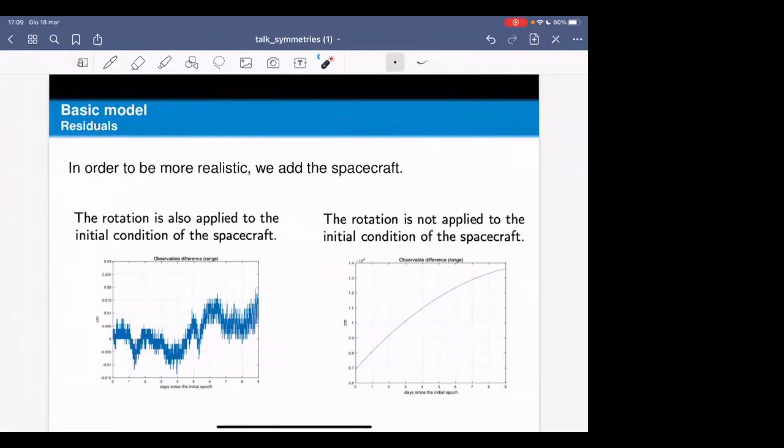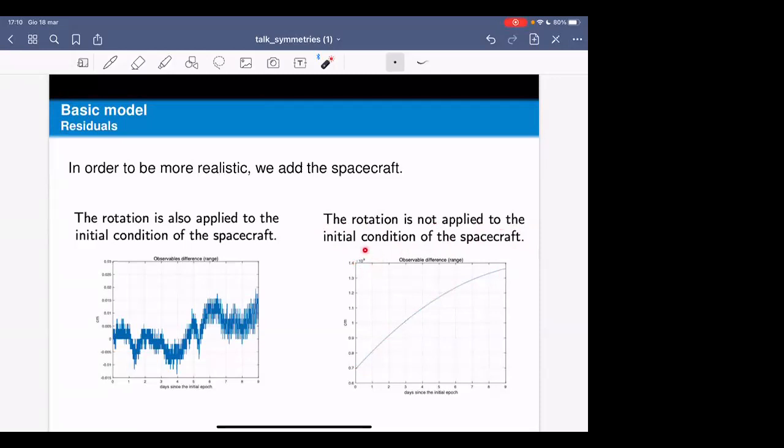And actually, what we noticed immediately is that if we repeated the same calculation done before, that is, we calculate the difference between two different sets of residuals, one with a certain value of the parameters and one with the parameters rotated by a certain angle, then if we do not apply the rotation also to the initial condition of the spacecraft, in that case, the residuals change.